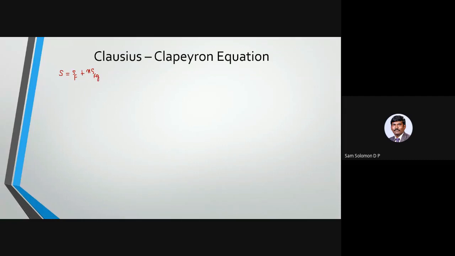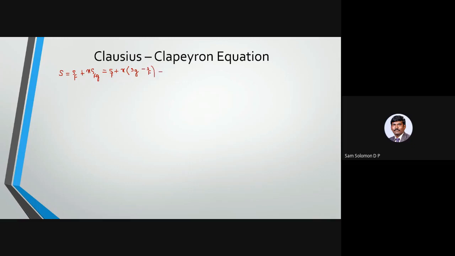And this can also be written in another way. If you expand this, SF plus X into SFG is nothing but SG minus SF.